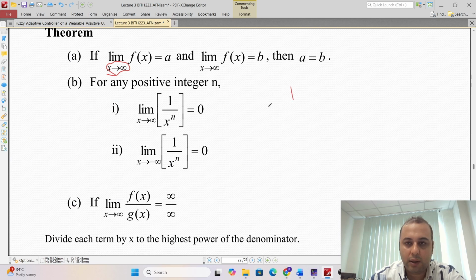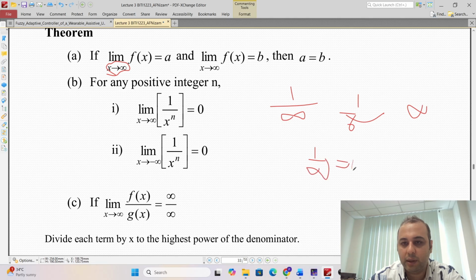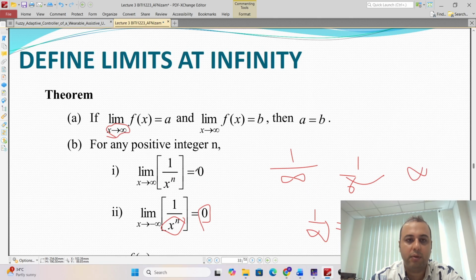Okay, that one I said x to infinity, the limit of 1 over 0 is infinity, right? So 1 over infinity is 0. So if the denominator is going to be infinite, the answer is 0, okay?